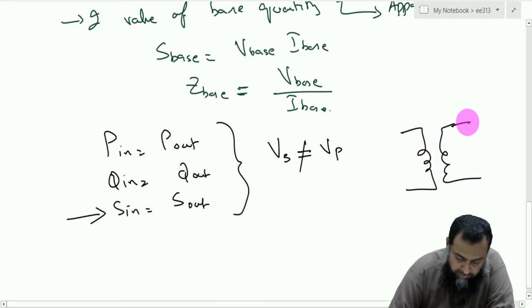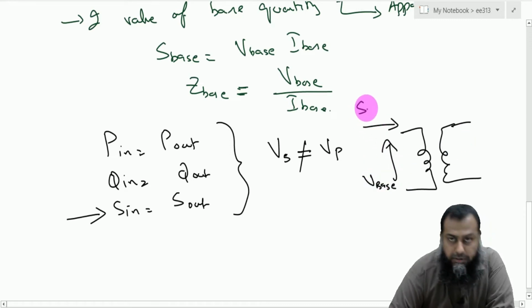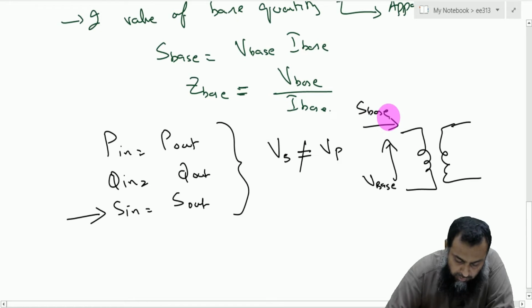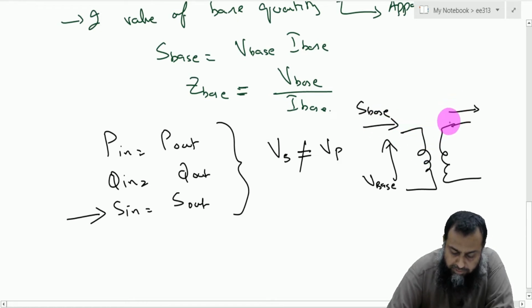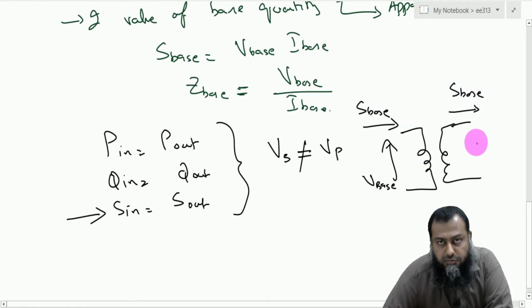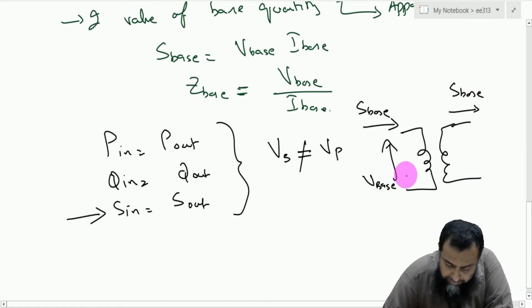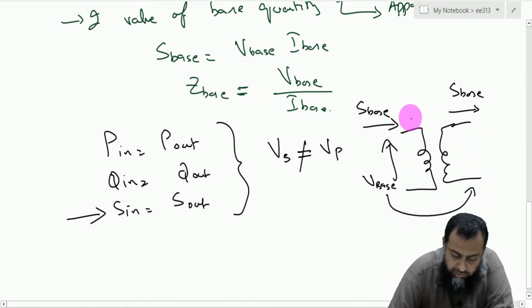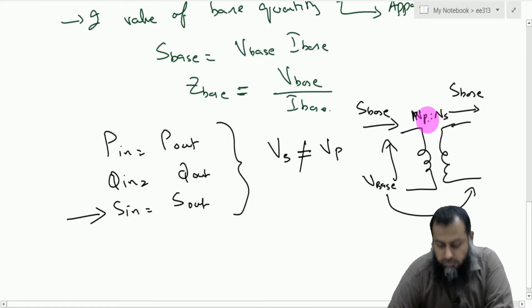For example, we have this V base here, and we have this S base available here. This S base for this side of the transformer will essentially remain the same for the secondary side of the transformer. But this V base has to be transformed based on the turn ratio, NP to NS.